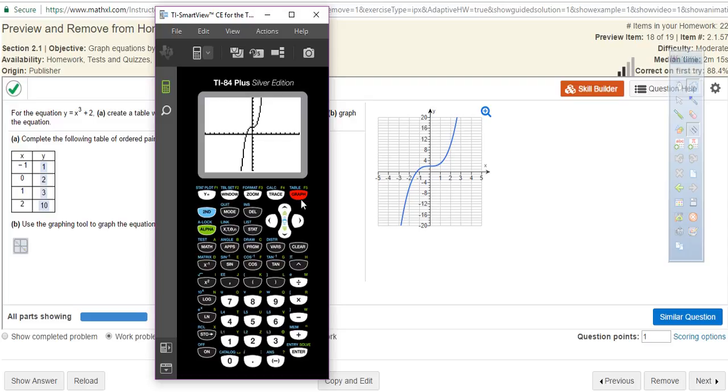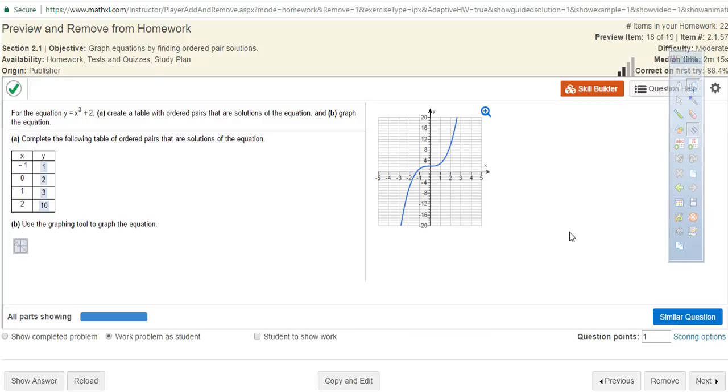You've got your table to get the ordered pairs you need to fill in the table. And if you needed to, you have your table set right here in blue, second table set, and then go back there if you wanted to start at 0, for example. Leave your change at 1 and leave those at auto for now. All right, so that should wrap up this video and hopefully this section. All right, so you can get started.